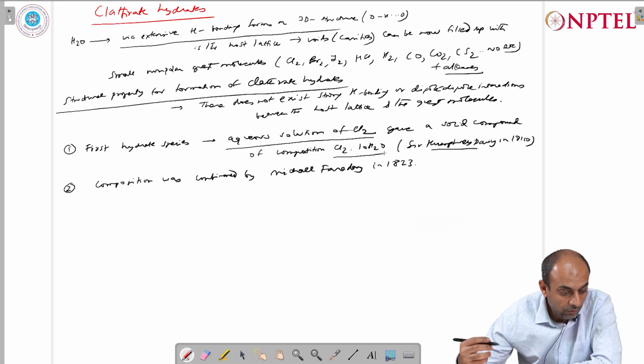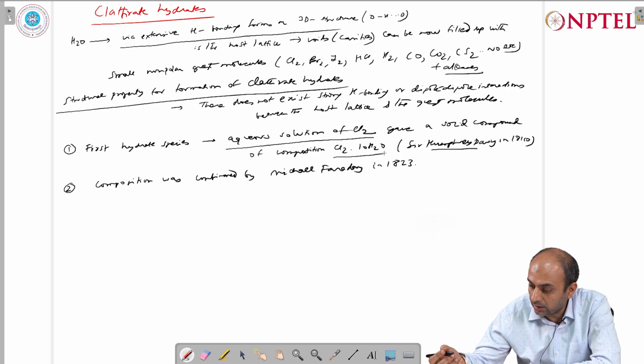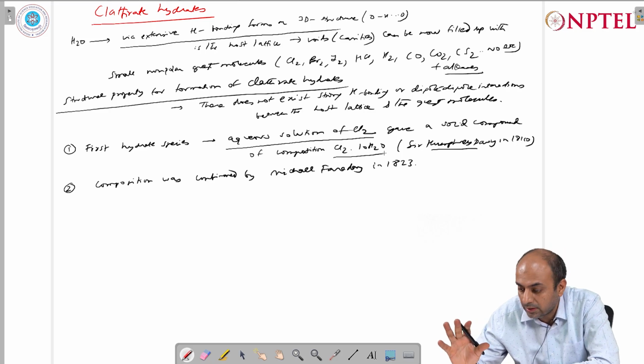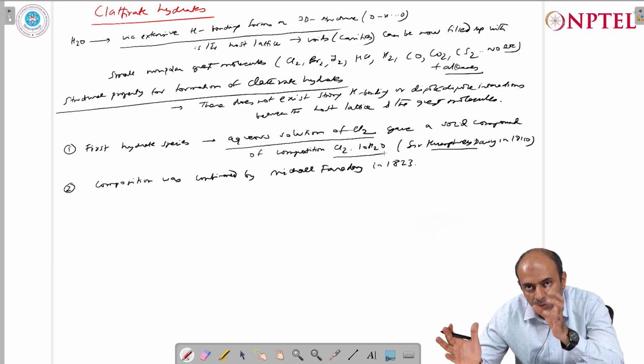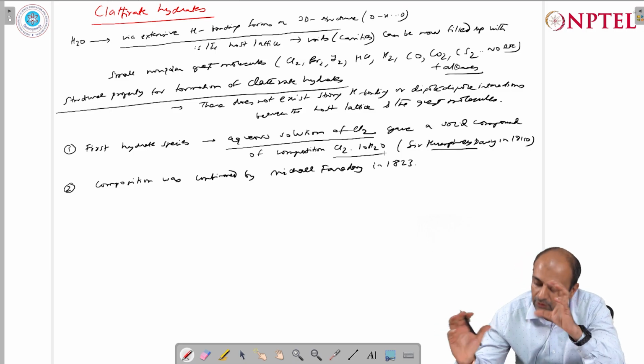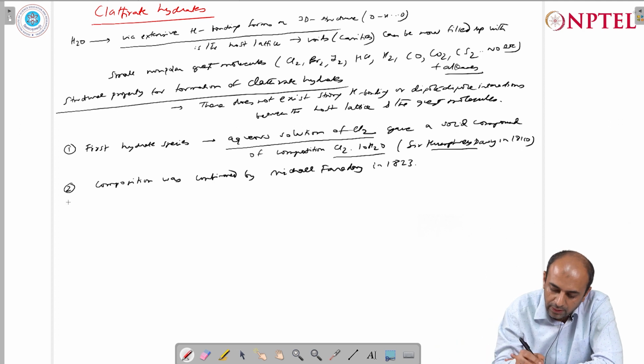Following this, a lot of research went on into the formation of these gas hydrates. We call these gas hydrates because Cl2 is a gas and water is a liquid, and water forms a structure with voids in which chlorine molecules can go and occupy the voids created by the host lattice.